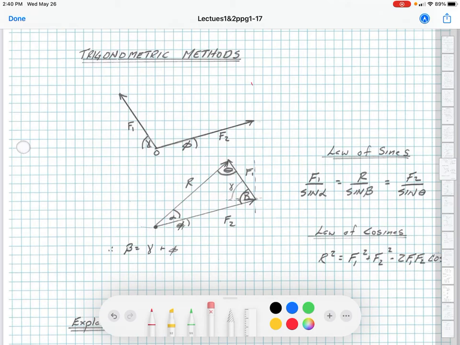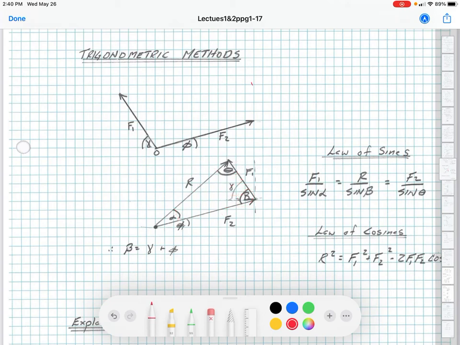So the law of sines is telling you that F1 over the sine of the opposite angle, so the included angle opposite, so over the sine of alpha, is equal to R over the sine of beta, which is the opposite angle, which is equal to F2 over the sine of theta, which is the opposite angle from that. Okay, so that's just kind of how the geometry is set up.